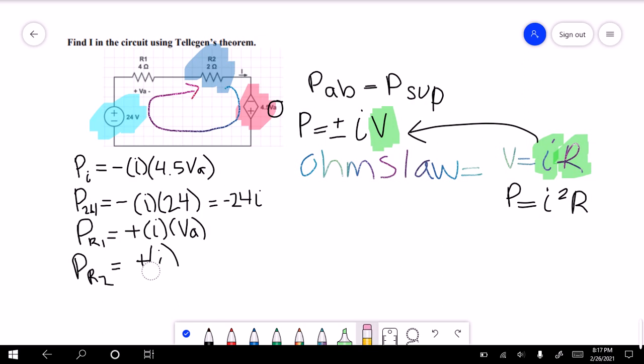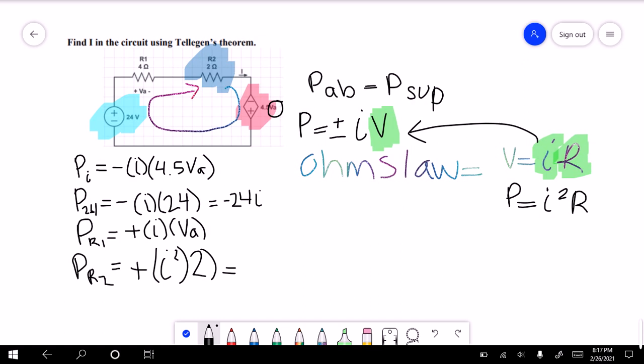So if we go back to the power of resistor 2, it's going to be positive. We don't know I, but we do know R, which is 2.